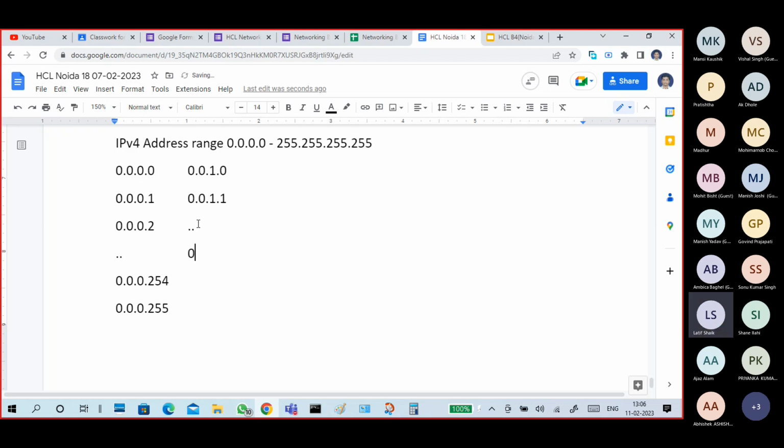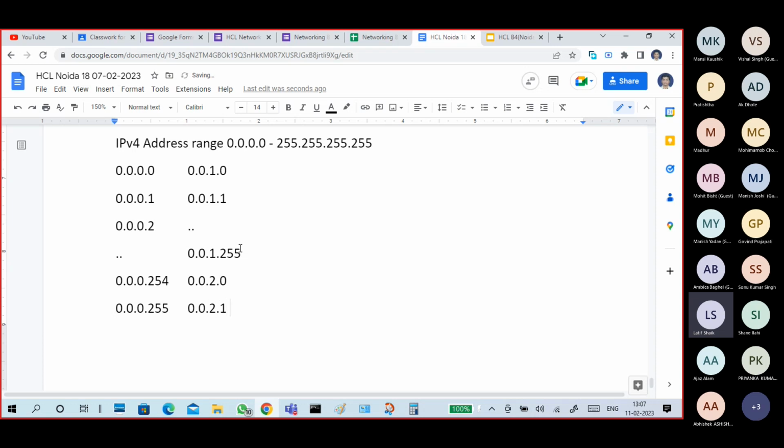Same way it goes 0.0.1.254, 255. It reaches up to this number. Then what happens? 0.0.2.0 automatically. Which becomes the next one. Again 0.0.2.1.